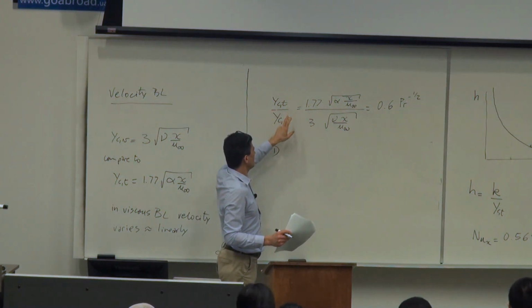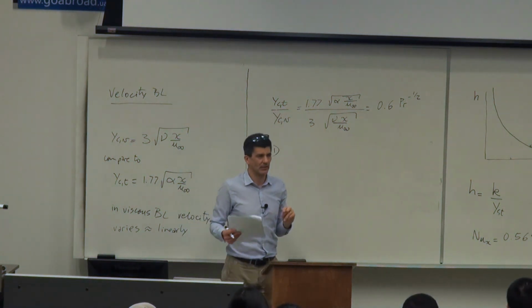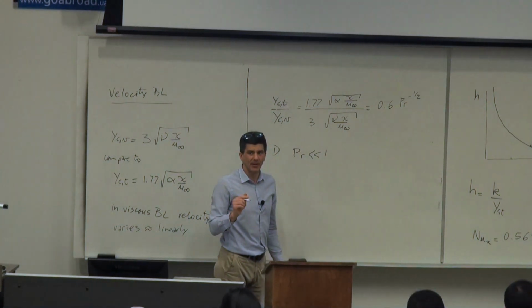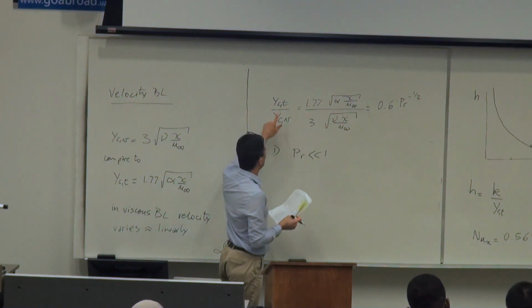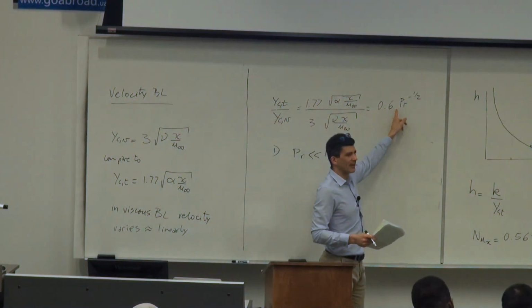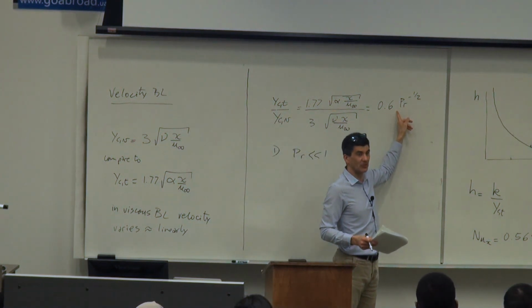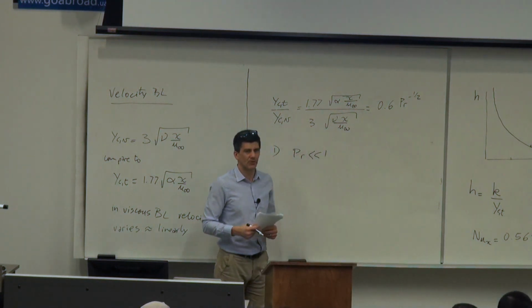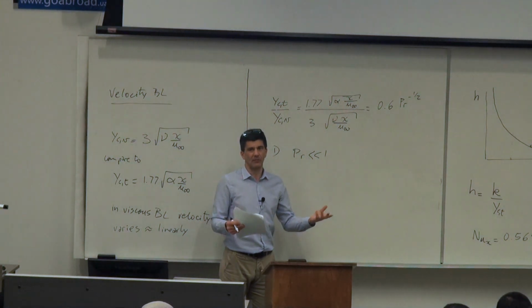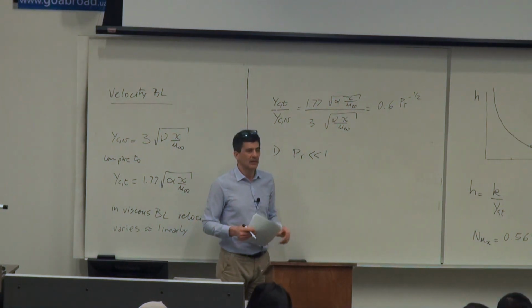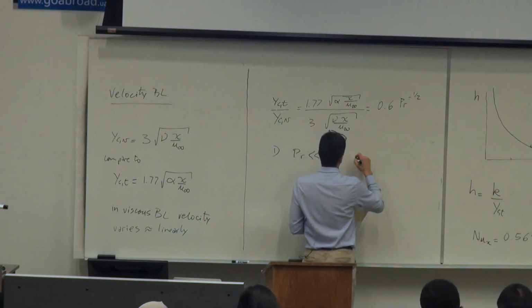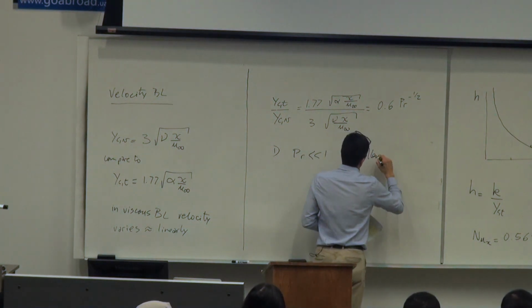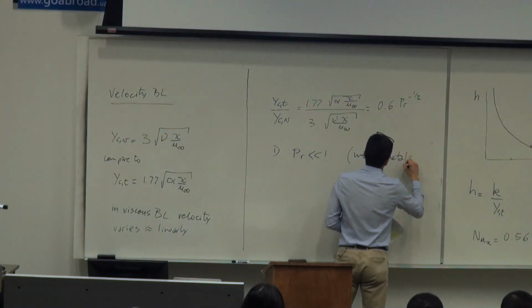If this is much bigger than this, what does it say of Prandtl? Prandtl is very small. And actually, for this to be 0.1, this guy needs to be 0.01, very small. This Prandtl value is much smaller than 1, which is something I've been telling you, but I wasn't showing you why. So Prandtl has to be much smaller than 1, and this means molten metals and plasmas.